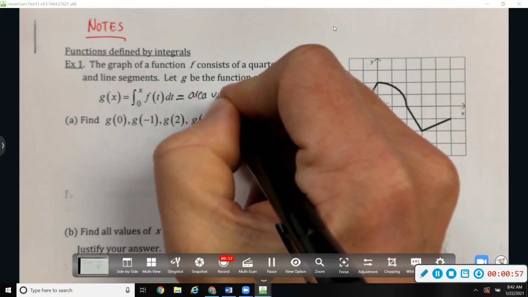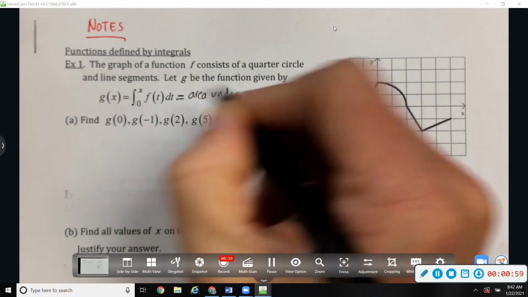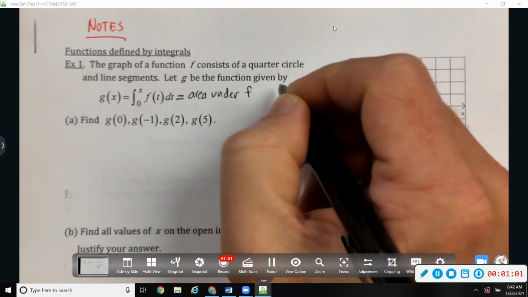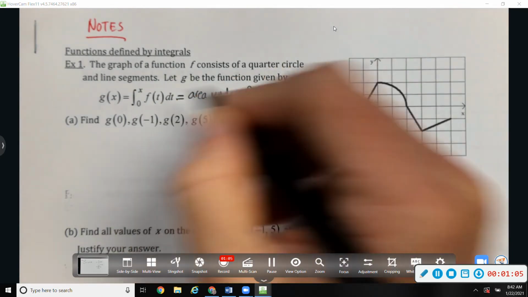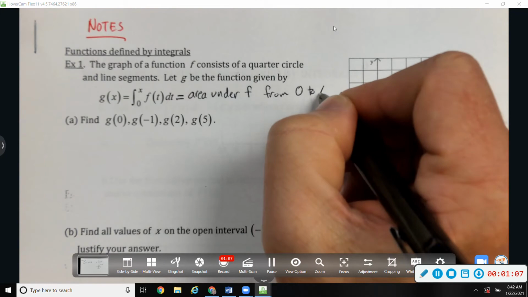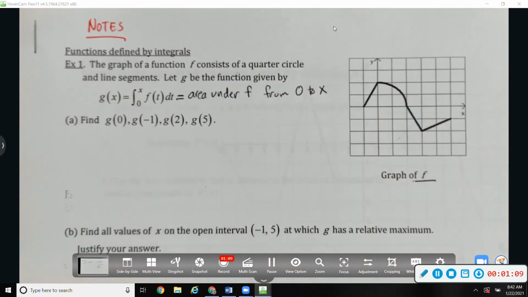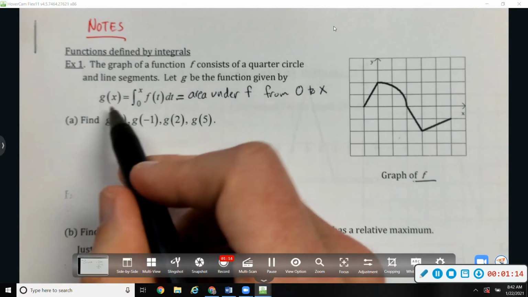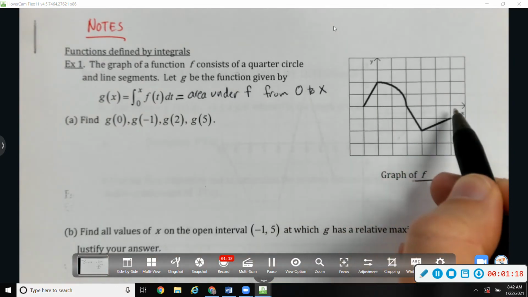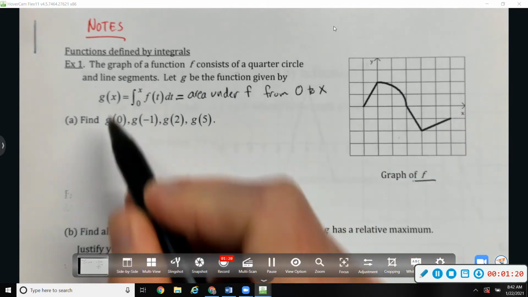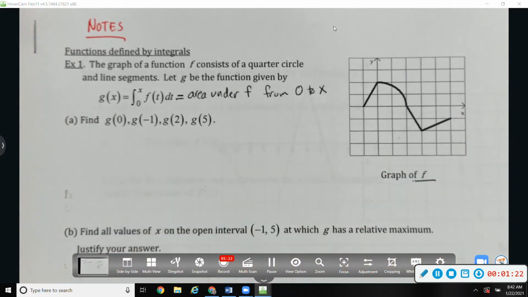So this is the area under f from 0 to x. So g of x is the area under the curve from 0 to whatever x value you're at. So g is like the accumulated area from 0 to wherever we're looking.